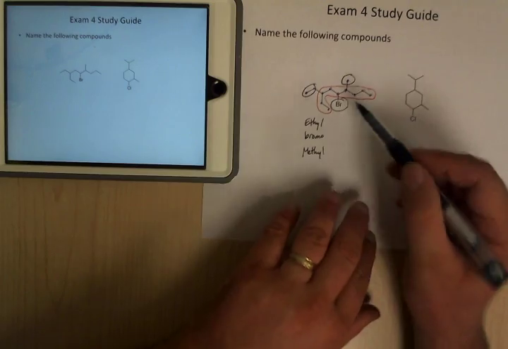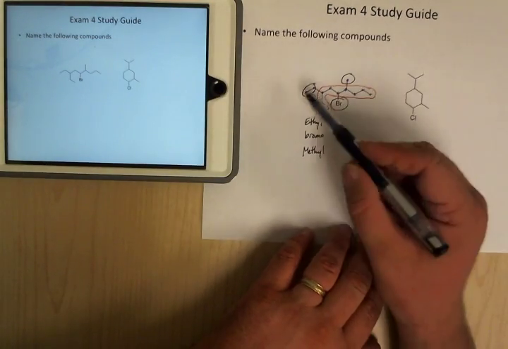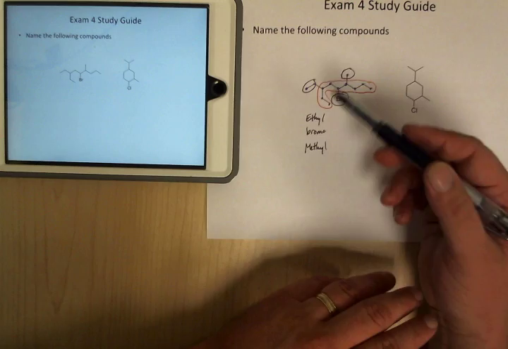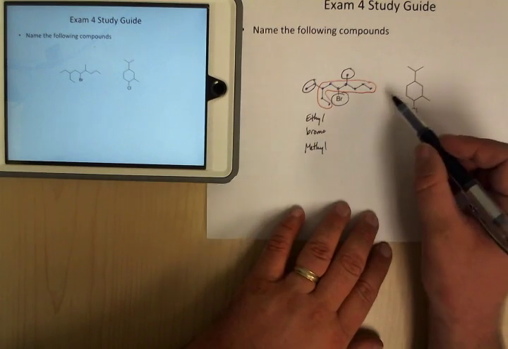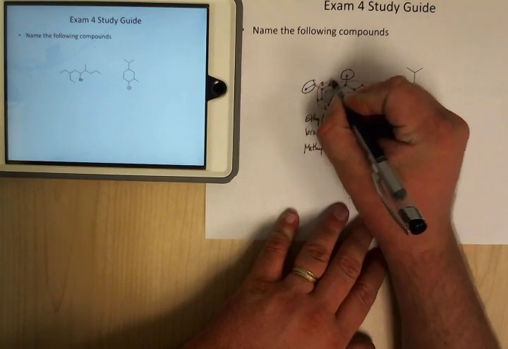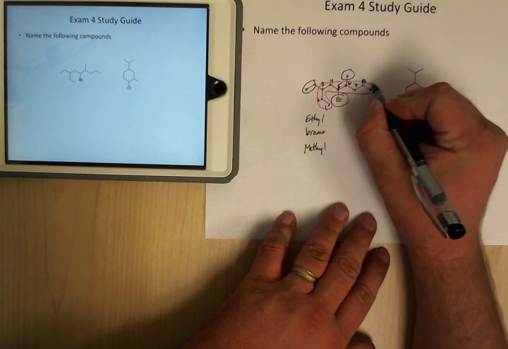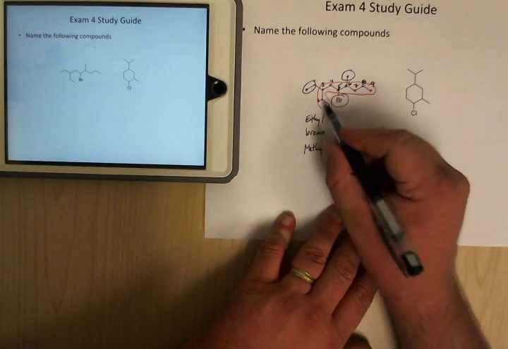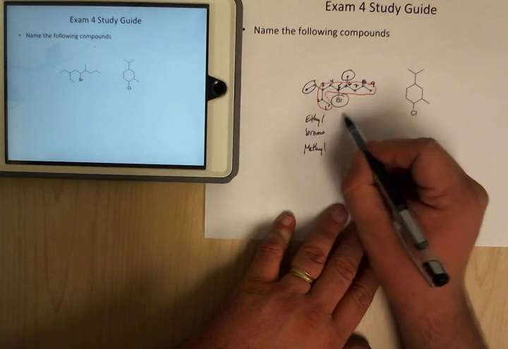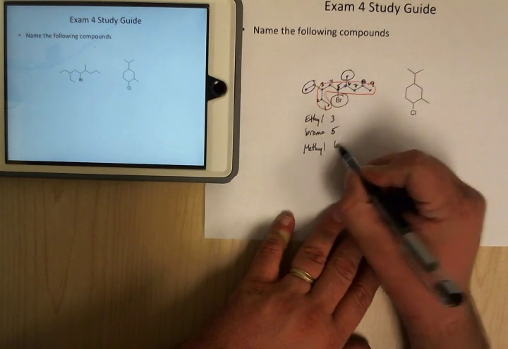Remember, the bromines don't give priority for sides, so it's just like a methyl group. We just go from one side or the other. So we take this, 1 through 9. The ethyl group is at 3, the bromo's at 5, and the methyl's at 6.